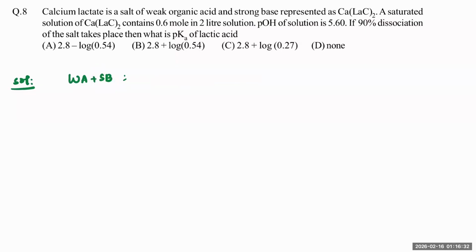I mean, it will have more OH minus concentration. Now, in this case, the weak acid is giving a conjugate base, which is LAC minus.